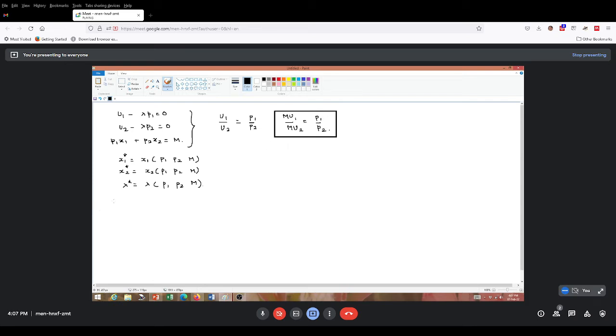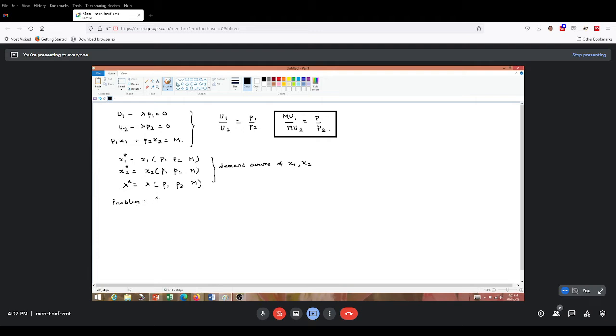Now, the first two give us the demand curves. So we have the demand for x1 and the demand for x2.